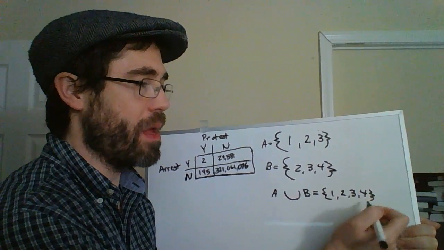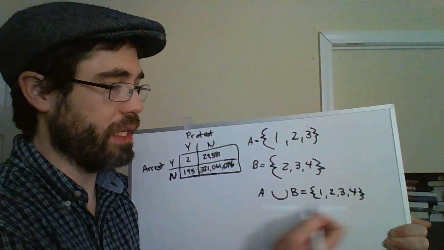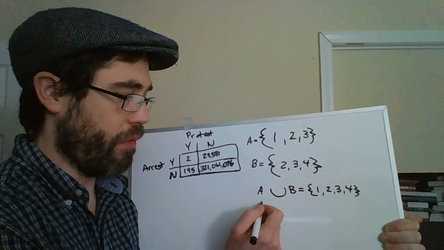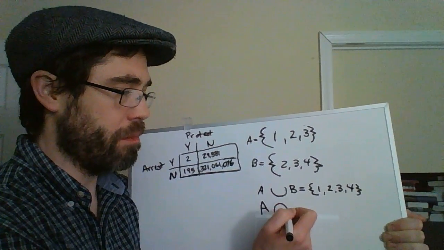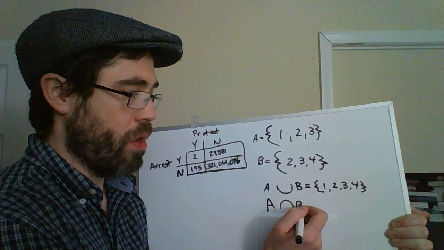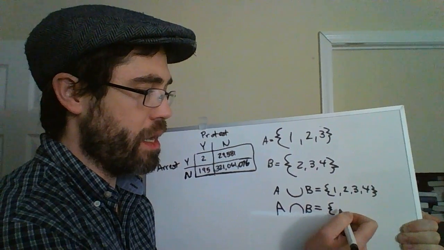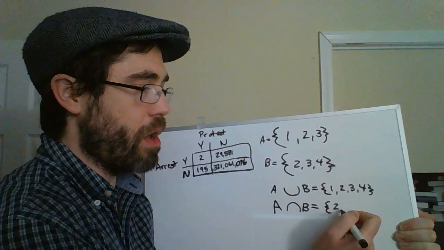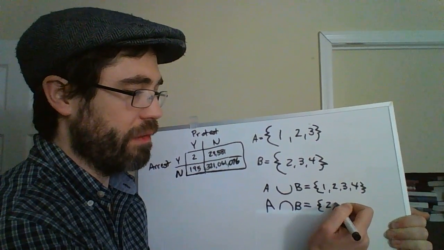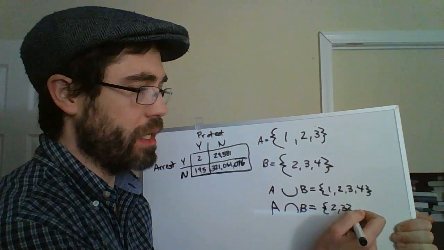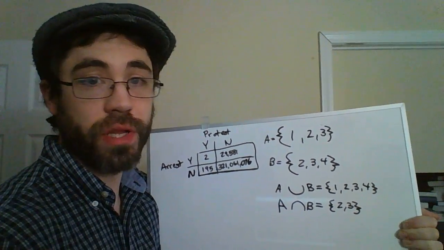The union of A and B would be the set of all cases that are in at least one. If we flip that U upside down, so it looks like a rainbow, we have an intersection instead of a union. The set here is the cases that are in all of them, or both of them. So in this case, it would only be 2 and 3, because 1 and 4 are each only in one case.